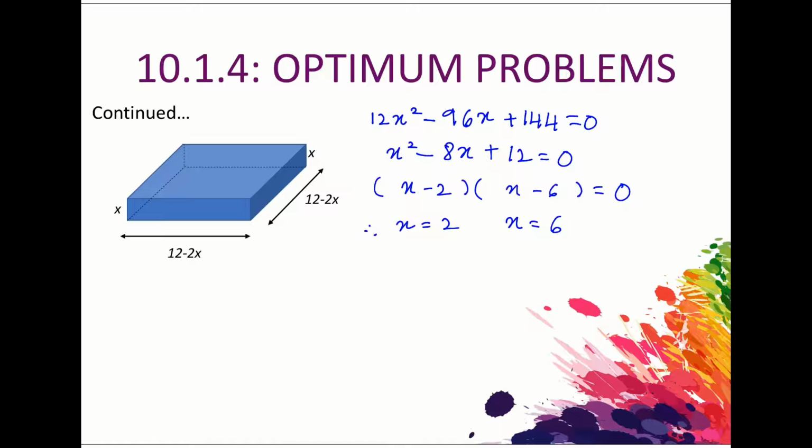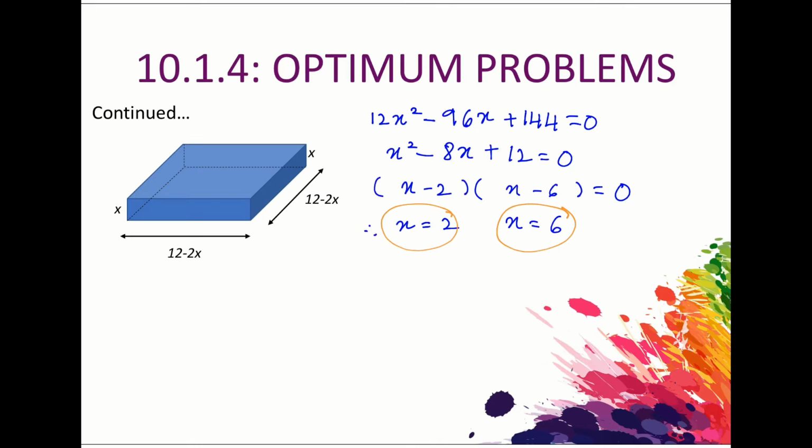From these two values of x, they could be the ones that give the box the maximum volume, or they can also be the one that gives the box the minimum volume. So in order to verify that, we need to use the second derivative test.